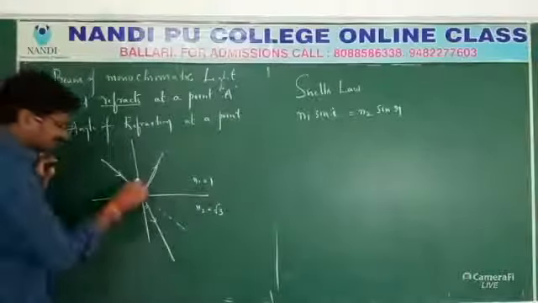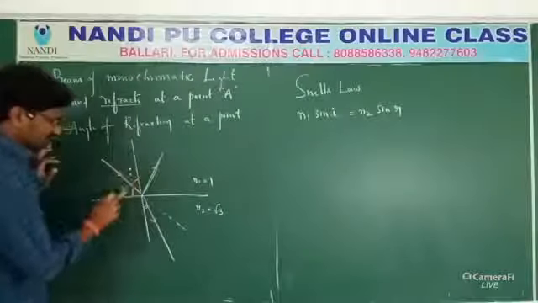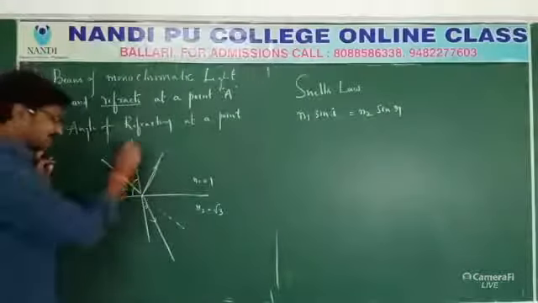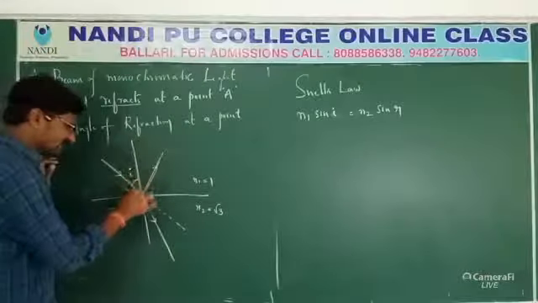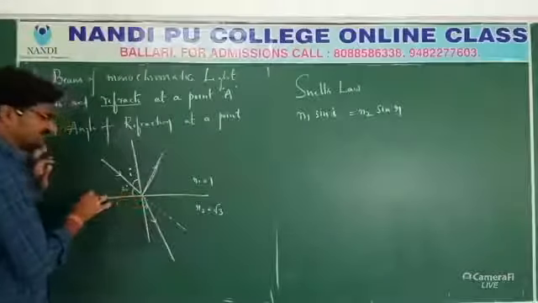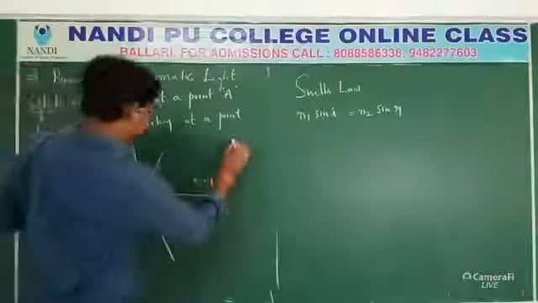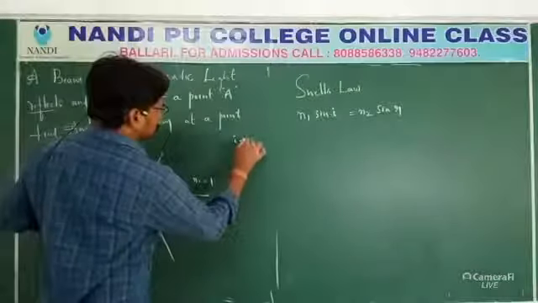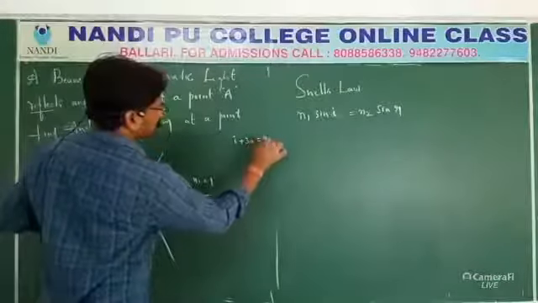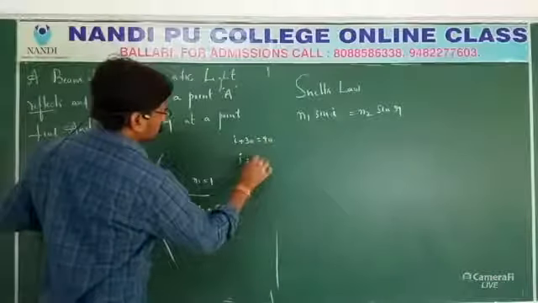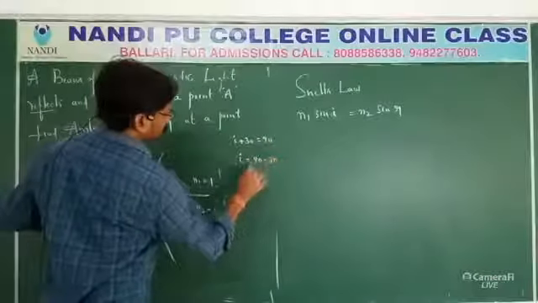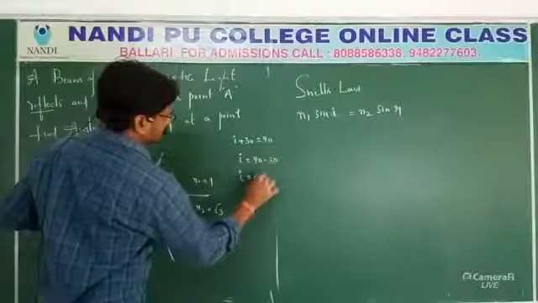What is I? It is the angle of incidence. Here the given 30 and I together make 90, so I plus 30 is equal to 90. Then I is equal to 90 minus 30. So I is equal to 60 degrees.